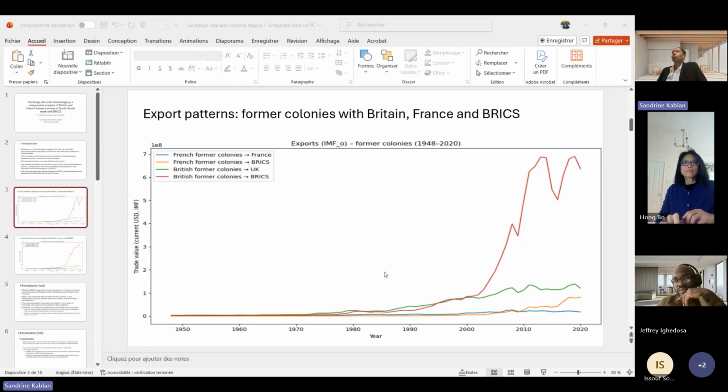Again, I have to say that when we are talking about former colonies, they are not only African colonies. You also have other former colonies in other continents, Asian, etc. So we consider all those colonies in our analysis.